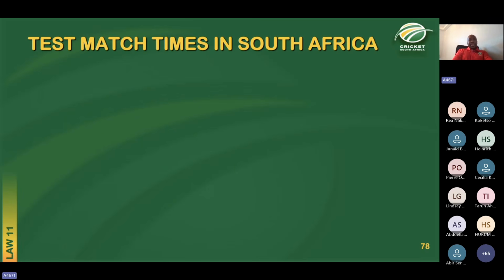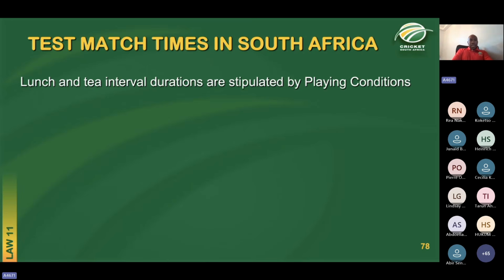So let's look at Test match times in South Africa, and we will be referring to these throughout the examples in Law 11 when we talk about moving the agreed time for an interval. In law, we will notice that there isn't a specific time and duration for lunch and tea intervals.